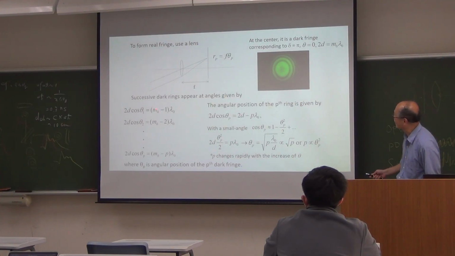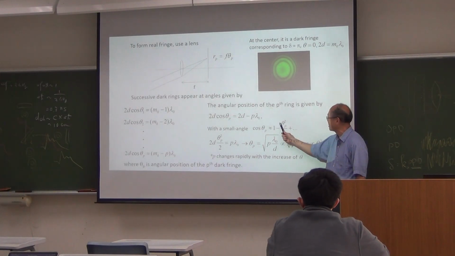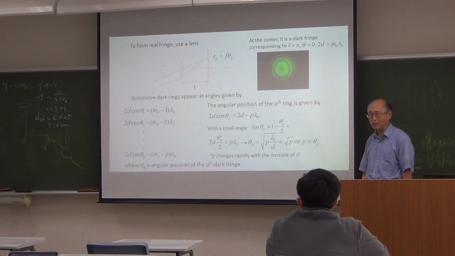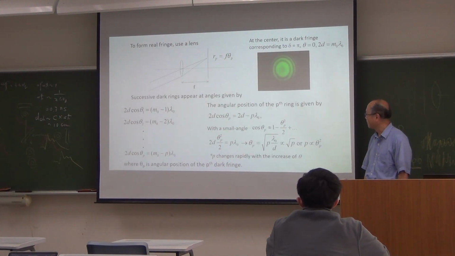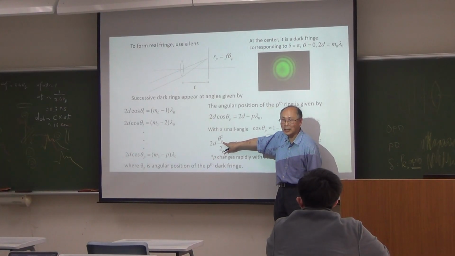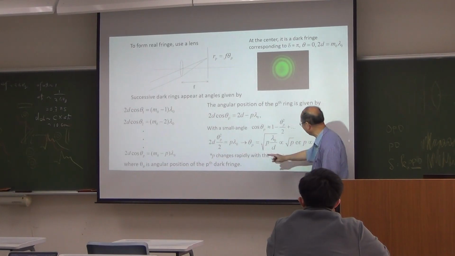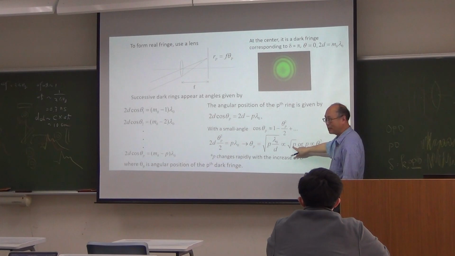Just solve for m0 from this formula, put it into this expression, and do a small angle expansion, a Taylor expansion of cosine: cosine theta is approximately 1 minus theta squared divided by 2. With this, you focus on the angle where you see dark fringes. So you calculate this theta p as a function of p.